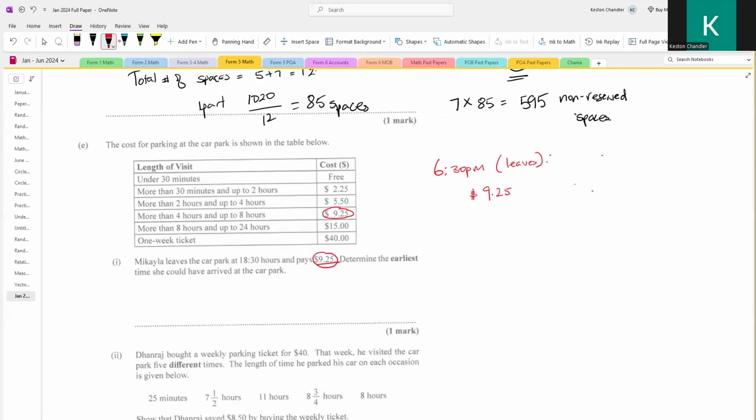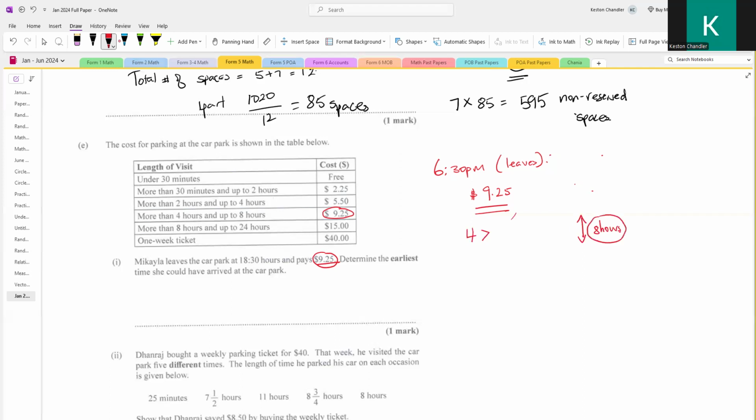Now let's look at the range. In order to pay this amount of money, you have to stay in the car park more than 4 hours. So you could stay anywhere from 4 hours and greater, up to a limit of 8 hours. So the earliest that she could arrive will have to be on this end.